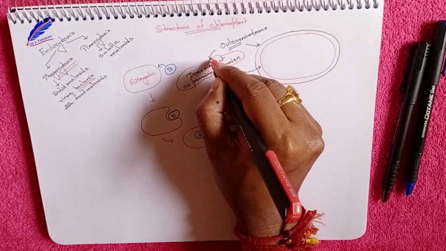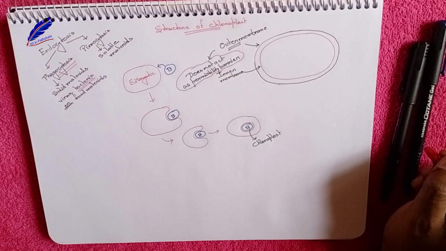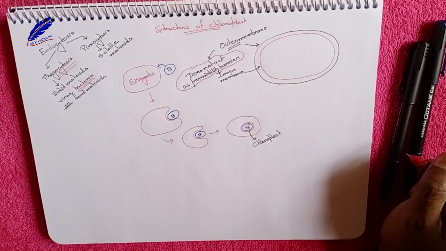When we study mitochondria in cell biology, we will also see that the outer membrane of mitochondria or chloroplast, because both have entered into the eukaryotic cell following the same mechanism, does not act as a permeability barrier. Any particle willing to cross the outer membrane of chloroplast or mitochondria can easily cross the membrane. Why?